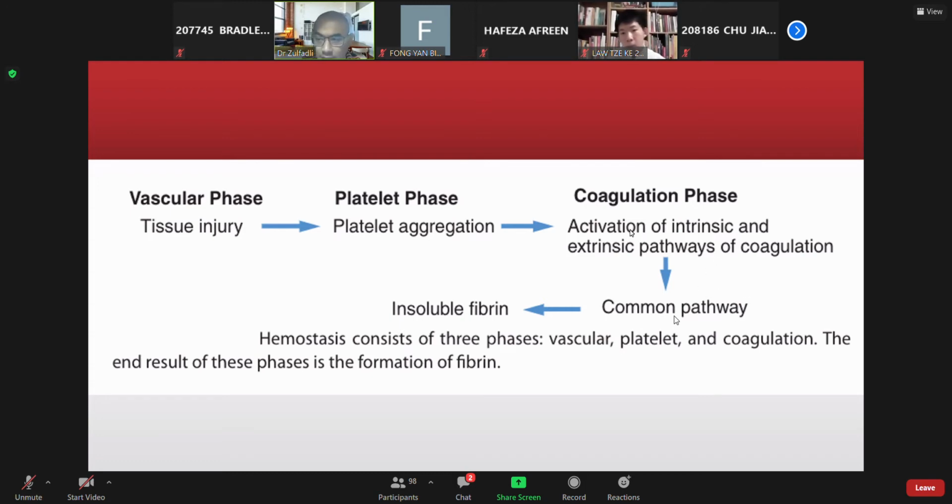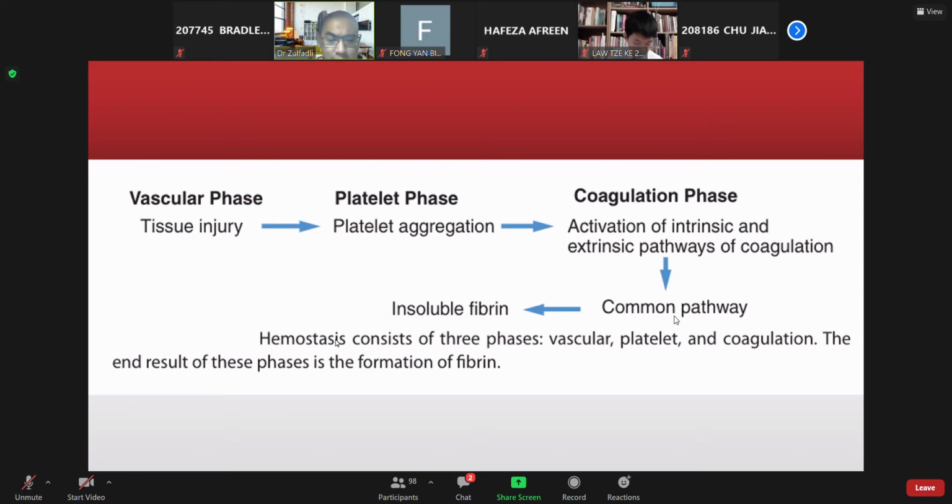This pathway is like a cascade. That's why we call it a cascade. Meaning that in order to get to D, A, B and C must happen. So if you block B, D will not happen. That's why they call it a cascade.